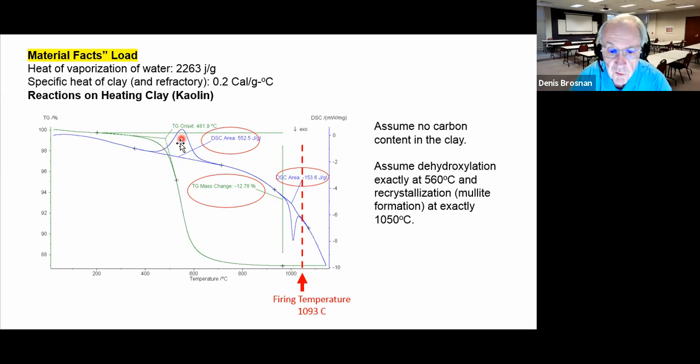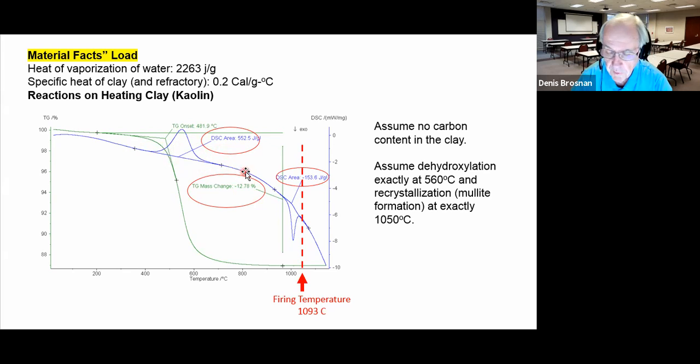Now, we can measure that endothermic reaction with this particular lab instrument, and you can see that the area under the curve is 552 joules per gram. I hope I read that correctly to you. So there's an endothermic reaction on heating. That's the dehydroxylation.